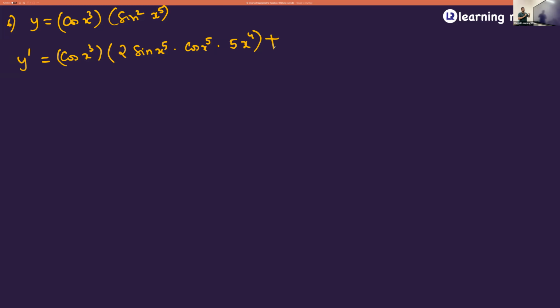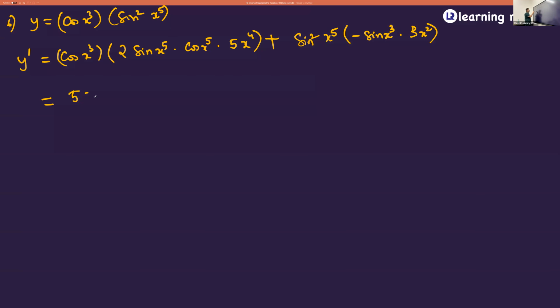Plus, what about this? So I leave sine square x power 5 as it is, and the derivative of cos x cube is minus sine x cube into 3x square. So multiply everything, that will give you the answer.